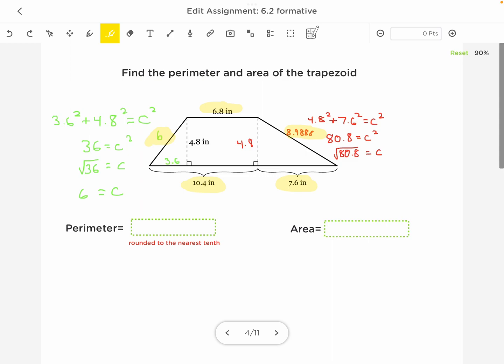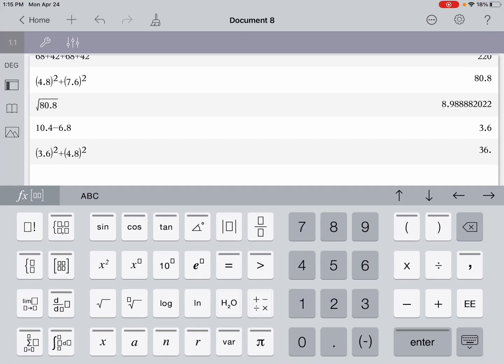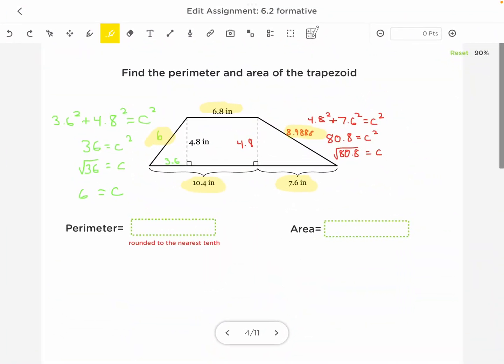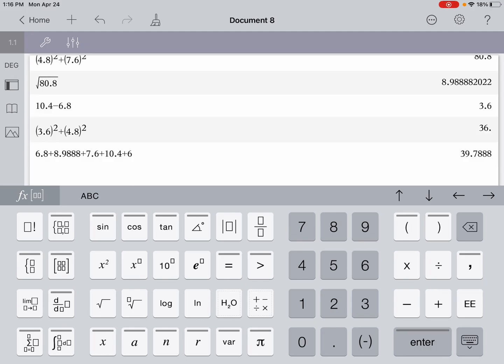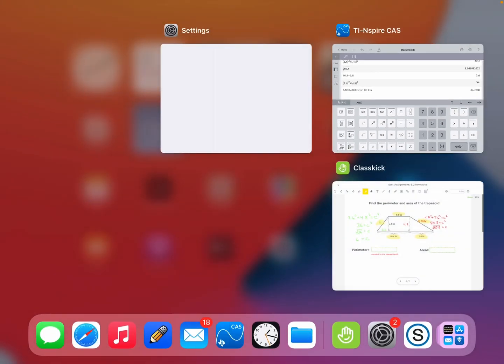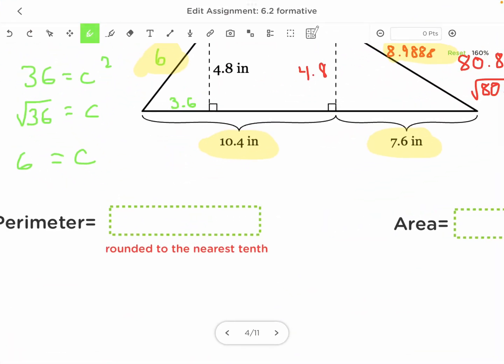So I'm going to add up 6.8 plus our 8.9888 plus our bottom, which is 7.6 and 10.4, and then plus our left side, which was 6. And that gives us a total of 39.7888. So if I'm going to round that to the nearest tenth, that is going to be 39.8.